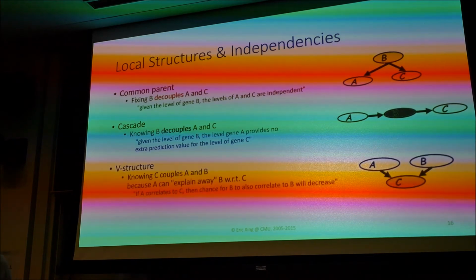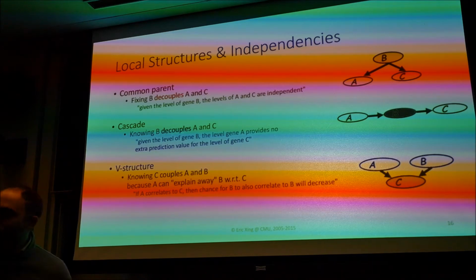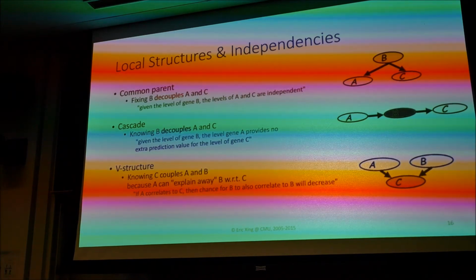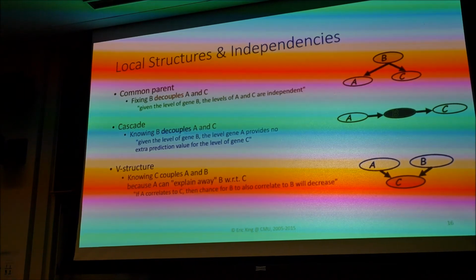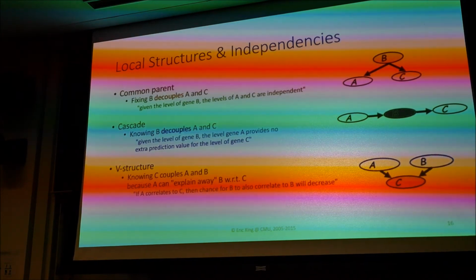The most fun part is the V structure or colliding. To think about this one, let's say that I'm going to define something for A and B and C. Let's say that C is whether my car engine works or not. A is whether my battery is functional or not. B is whether my gas tank is full or not.